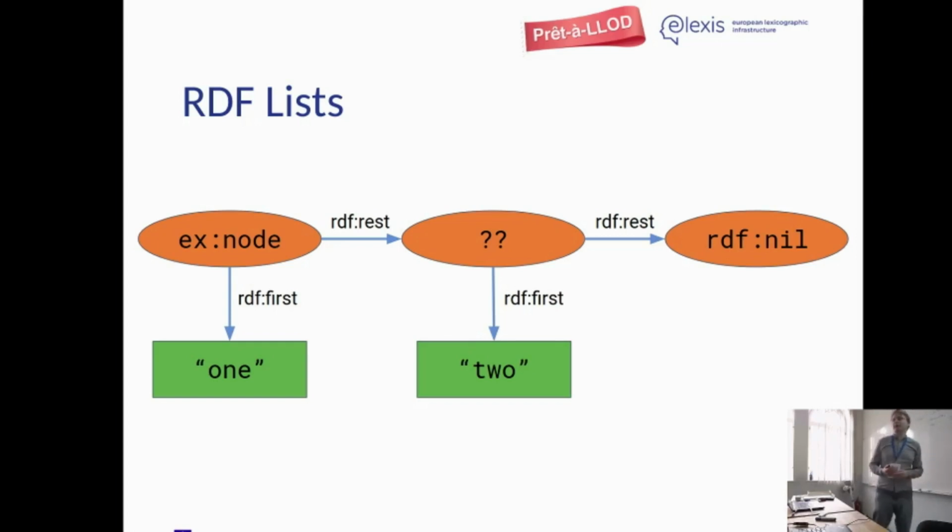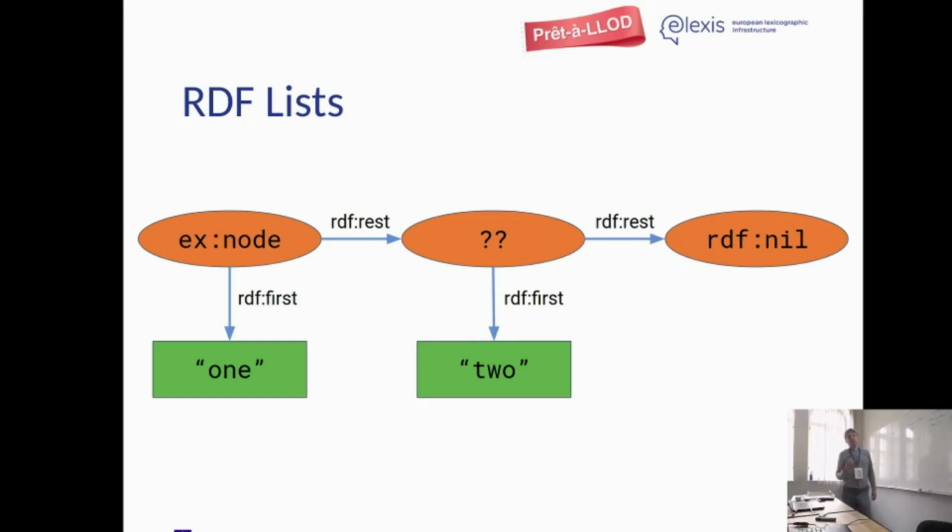Well, we can use this idea that is, for the computer scientists in this room, certainly very basic, which is a singly linked list. So what we do is we create a node, for example here, and we give it two properties. One is called first, which points to the data, the current first element of the list, and one is called rest, which points to the next node in the list.